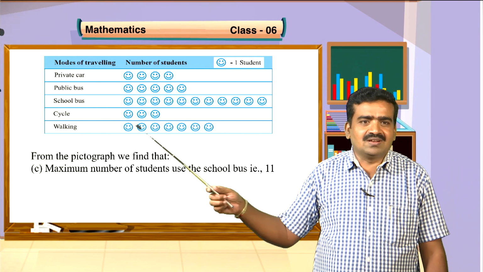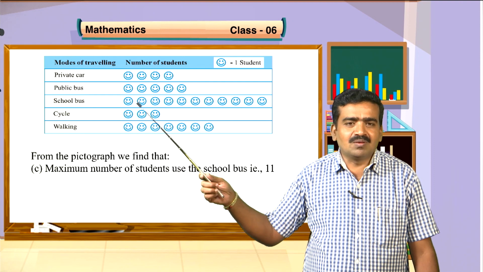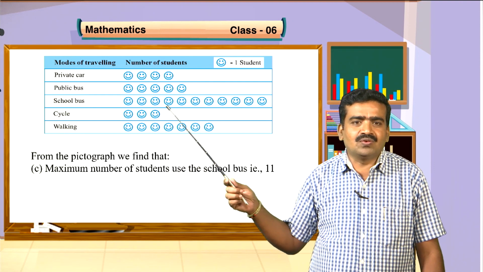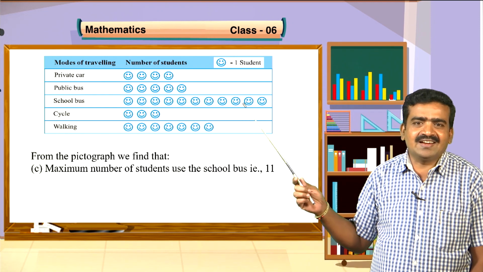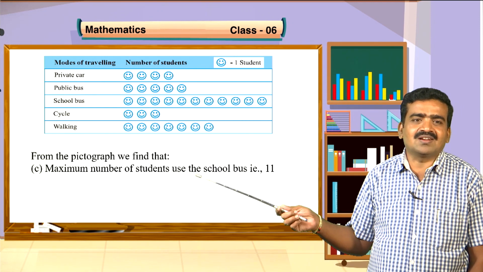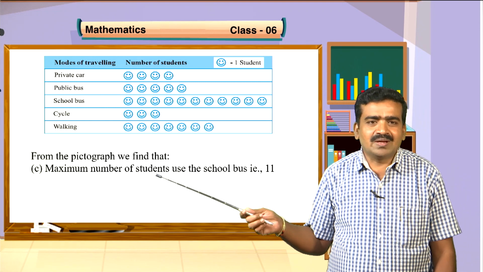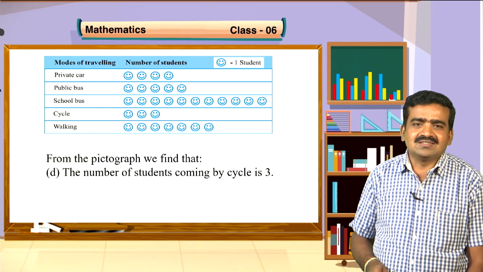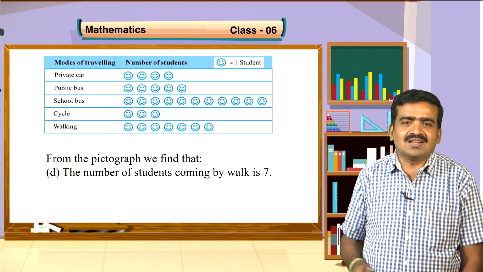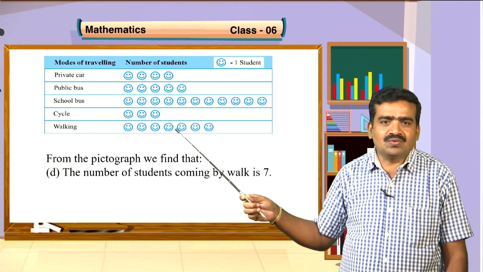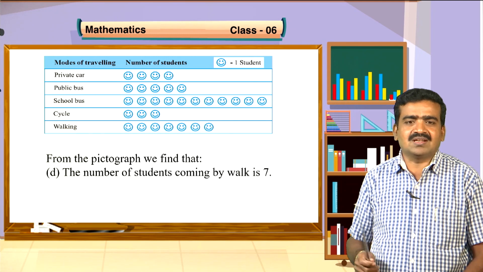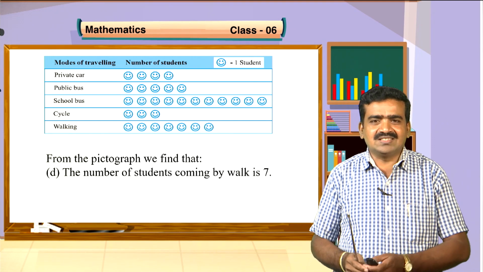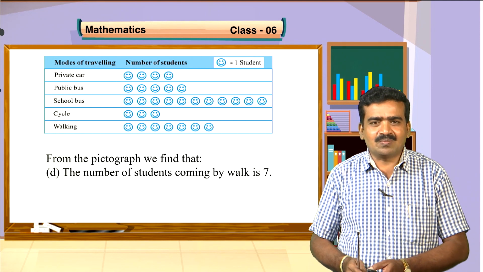In case of school bus, more students choose it. Here 1, 2, 3, 4, 5, 6, 7, 8, 9, 10, 11. There are 11 students coming to school by school bus, and by cycle there are 3 students, and by walking there are 1, 2, 3, 4, 5, 6, 7 students. It is easy to interpret the data in a pictograph now.